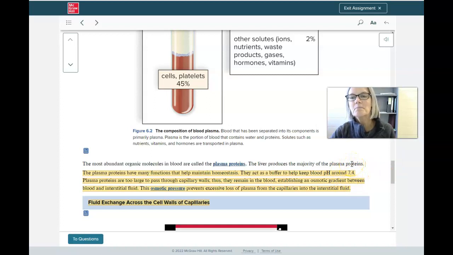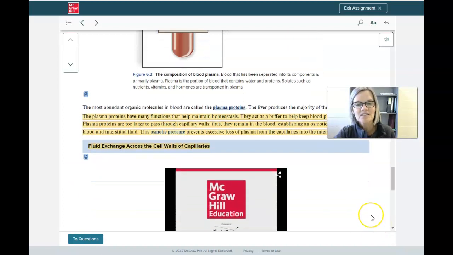It's just barely basic, and that's the buffering. What the buffers do is keep the blood pH at around 7.4. There are also some proteins in the plasma that help maintain that osmotic pressure, keep the blood isotonic to our cells.